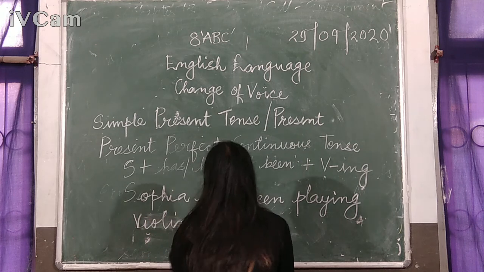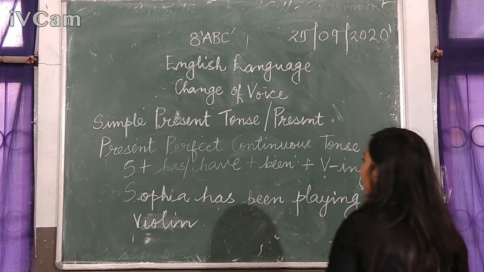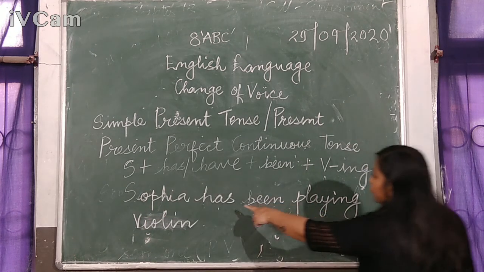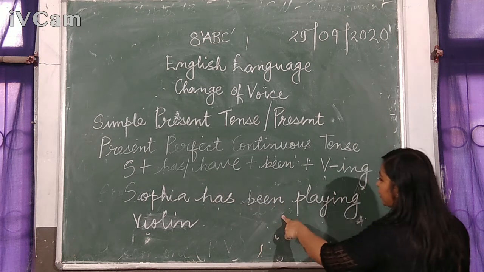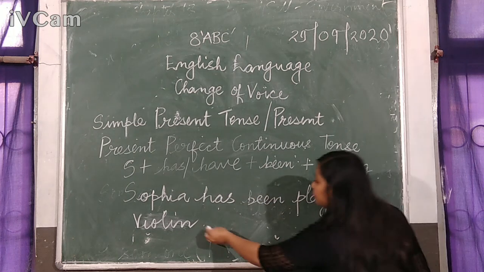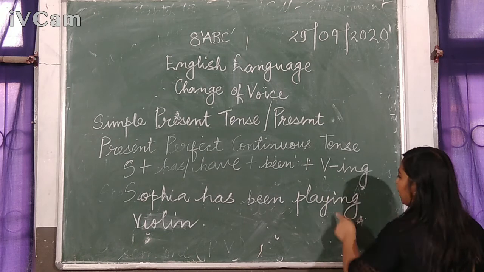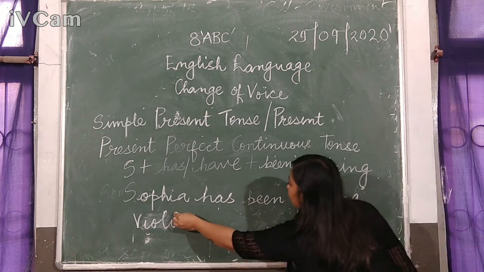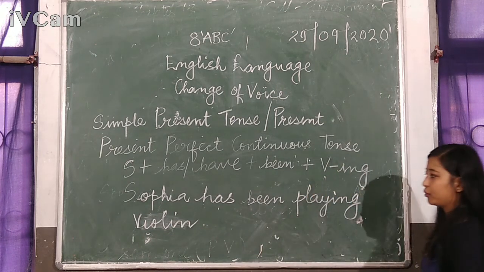Okay, Sophia has been playing violin. See the structure. Sophia is there, the subject, has is there, been is there, and playing, the ing form of the verb, and violin is the object over there.